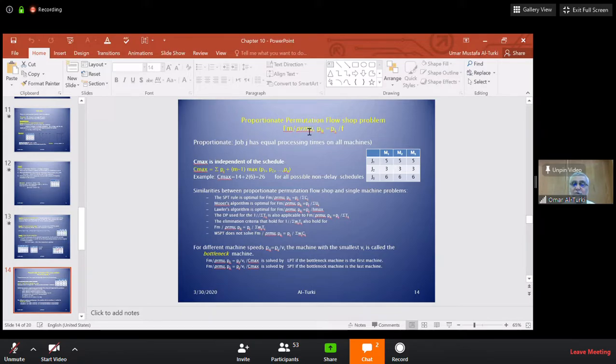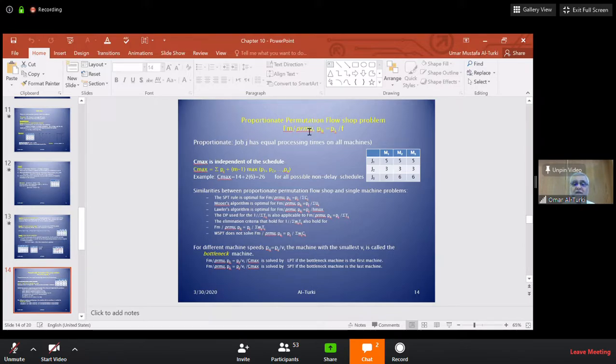So we have a general flow shop problem and we have a permutation flow shop problem. For the permutation flow shop problem, we are searching for the optimum solution among all permutation schedules. Any schedule that's not permutation is not feasible anyway, let alone being optimal.